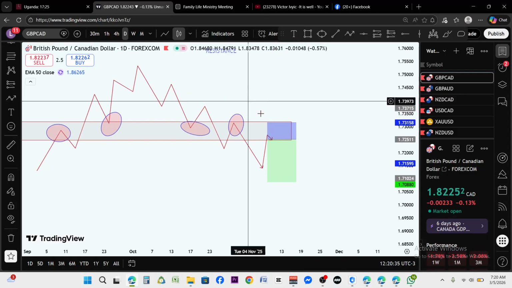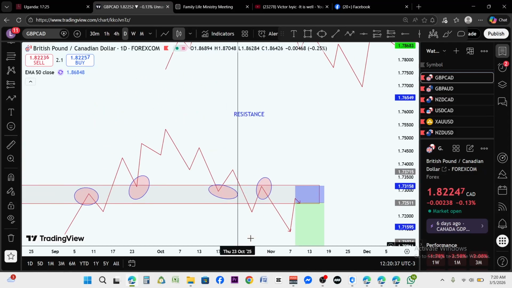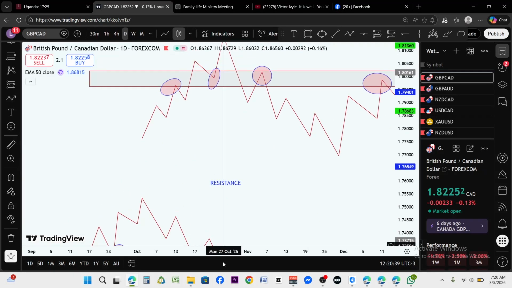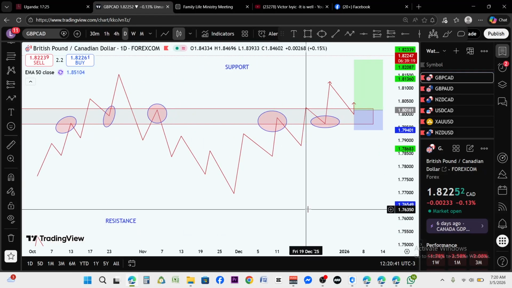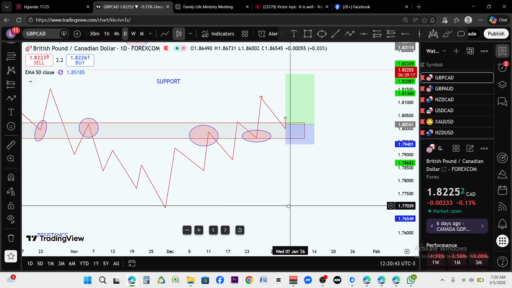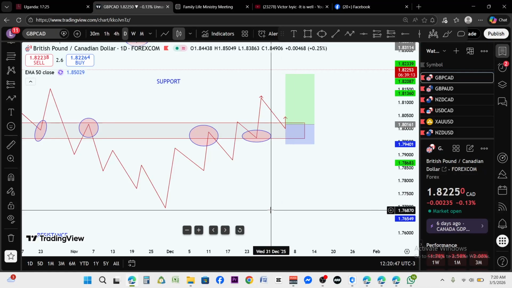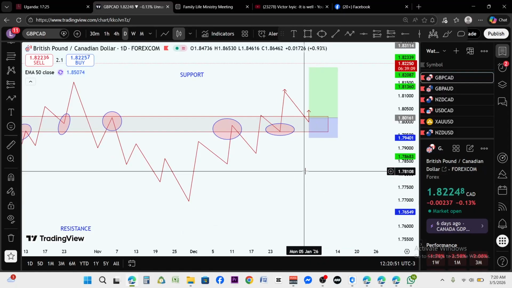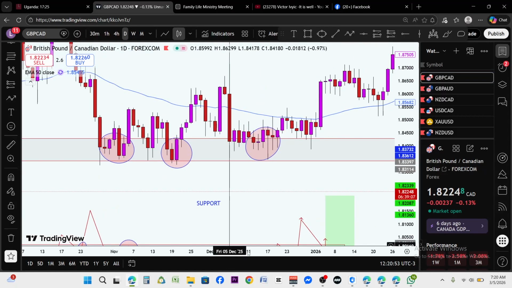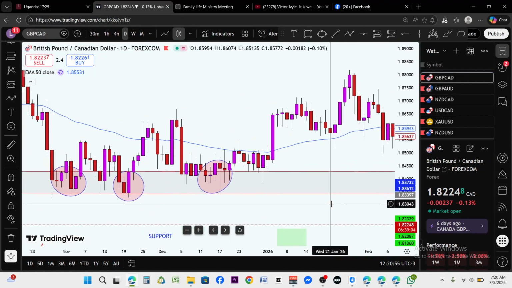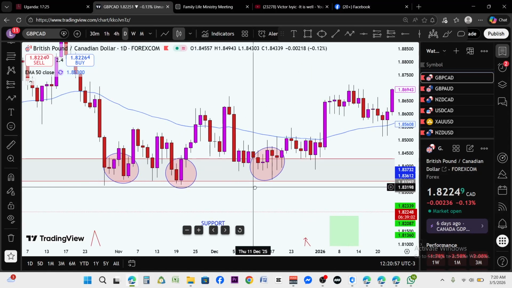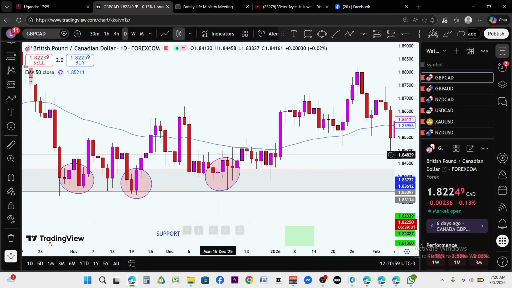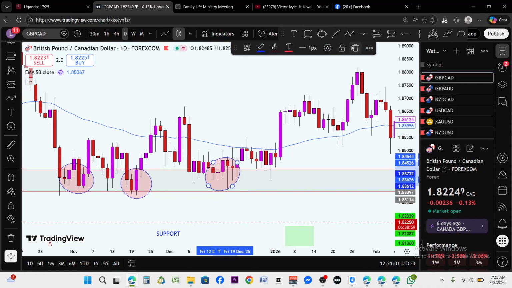Wait for a pullback to resistance in a downtrend market, and in an uptrend market, wait for a pullback to support. You do not enter randomly. That is impatient. When you enter just anyhow, that is impatience.